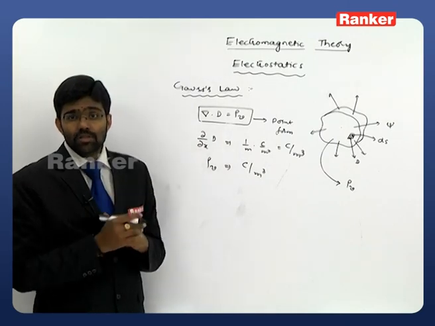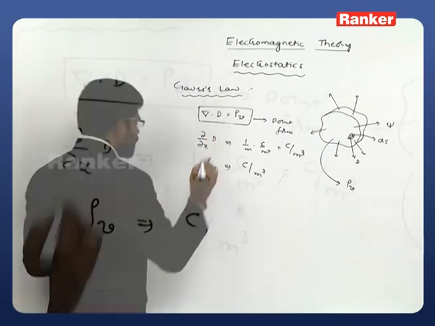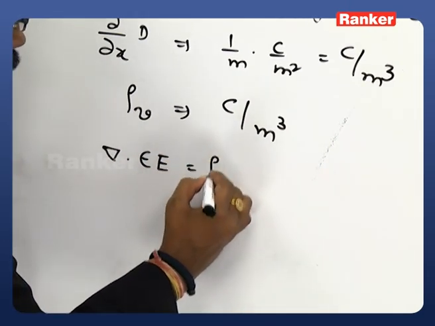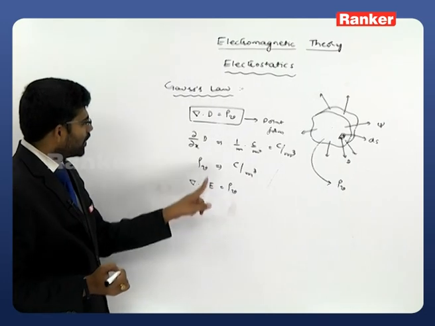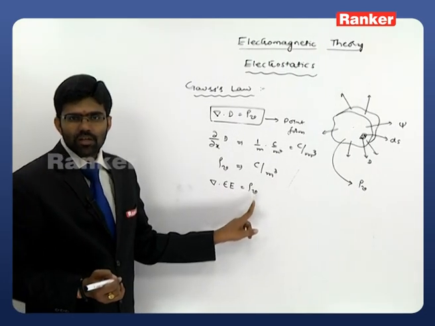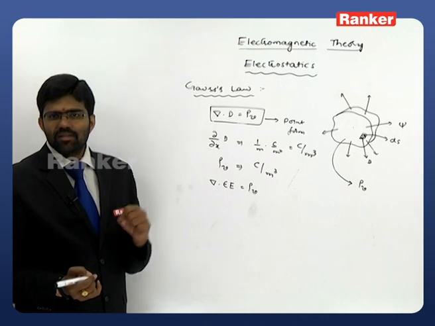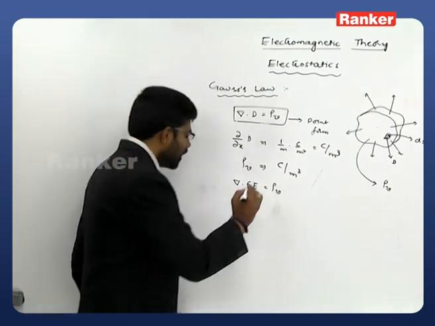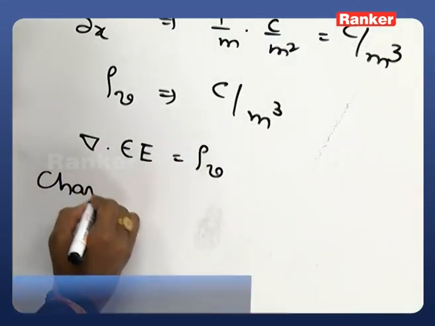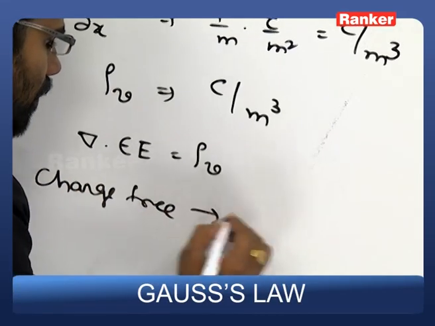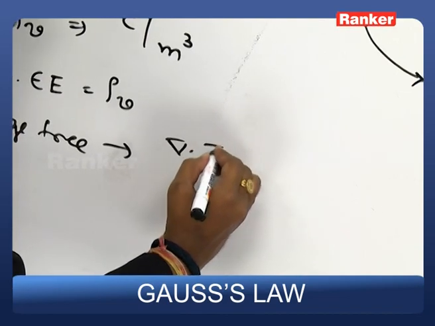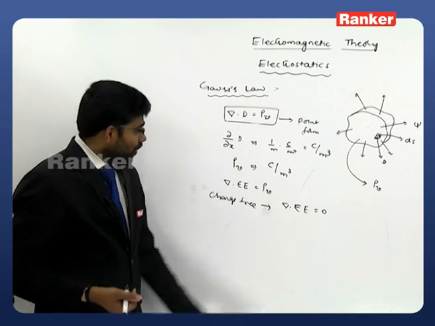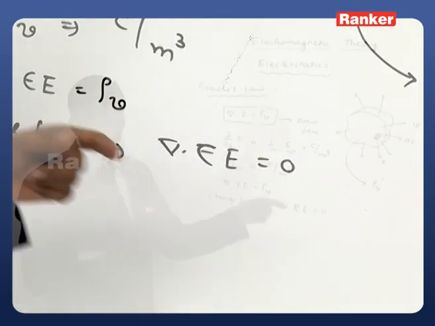Now how can this equation be interpreted? Del dot D equals rho v, that is del dot epsilon E equals rho v, since D and E are related by epsilon. If it is applied for a charge free region, there will be no volume charge density, so the same equation can be written as del dot epsilon E equals 0.